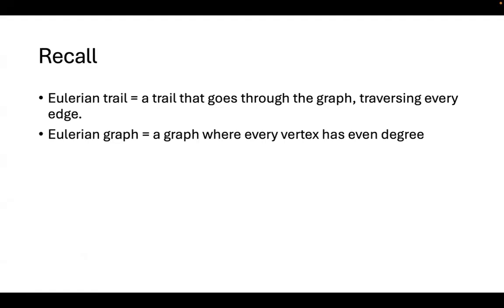And so maybe that means we visit vertices multiple times. That's okay. What matters is that we get every edge. And so we've got a definition for that. So for a graph to be Eulerian, for that trail to exist, we need a graph where every vertex has even degree. So those are two definitions that we need to remember for today.